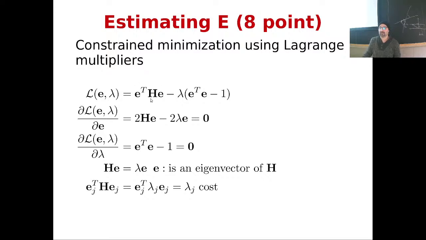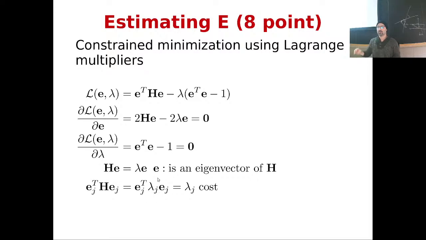But if you remember that HE is equal to lambda E, we could rewrite the cost as E transposed lambda E. Given that E is an eigenvector, it has squared norm equal to 1, so the cost of this solution for a specific eigenvector is equal to its eigenvalue lambda.